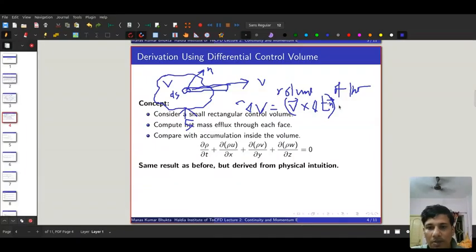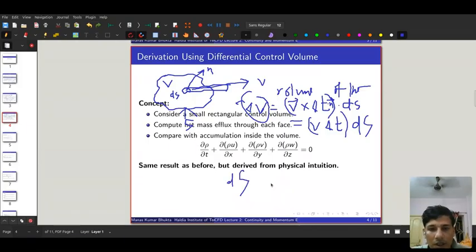If that displacement is multiplied with the elementary surface area, dS, we will get the volume of that elemental strip. So again, it is written as V del t multiplied with the capital dS, where this capital dS is nothing but the normal vector n into small dS. So this is what we are denoting here.